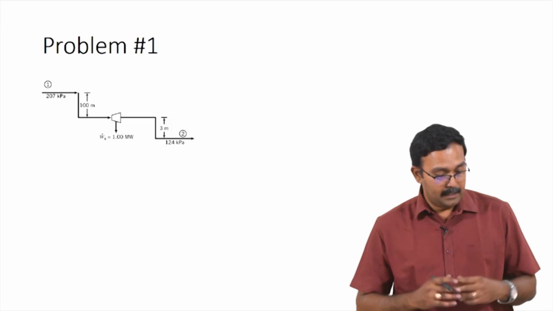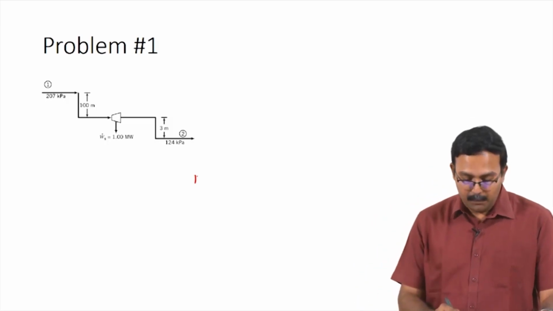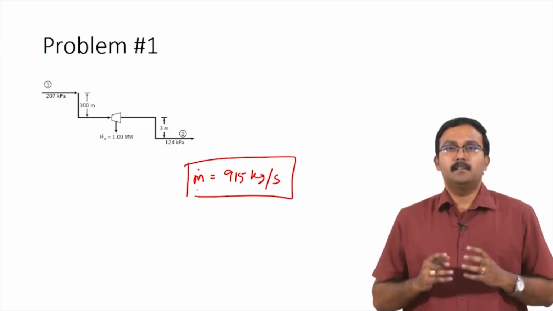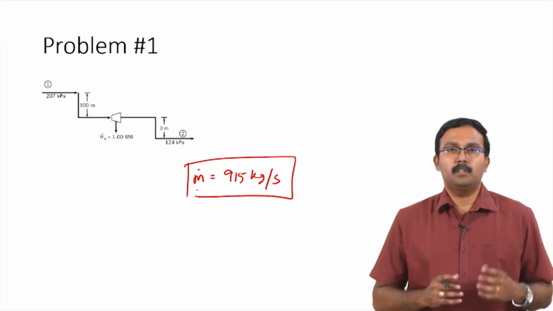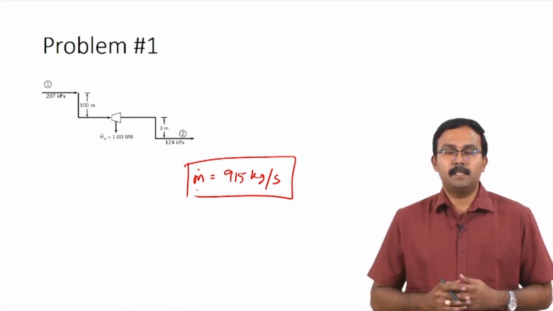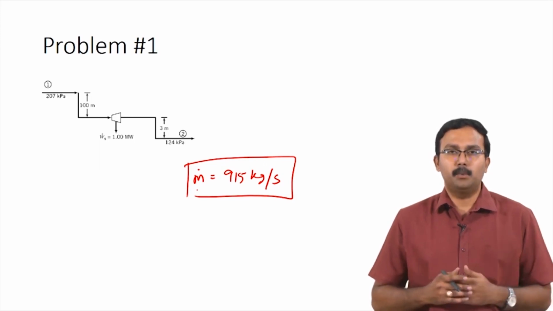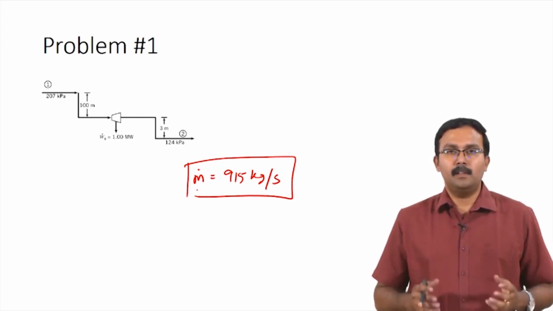If you do that, you will finally end up with m dot as 915 kilograms per second. So, when 915 kilograms of water flows through the turbine per second, you would be able to generate 1 megawatt of shaft work. With this we would have solved this problem.